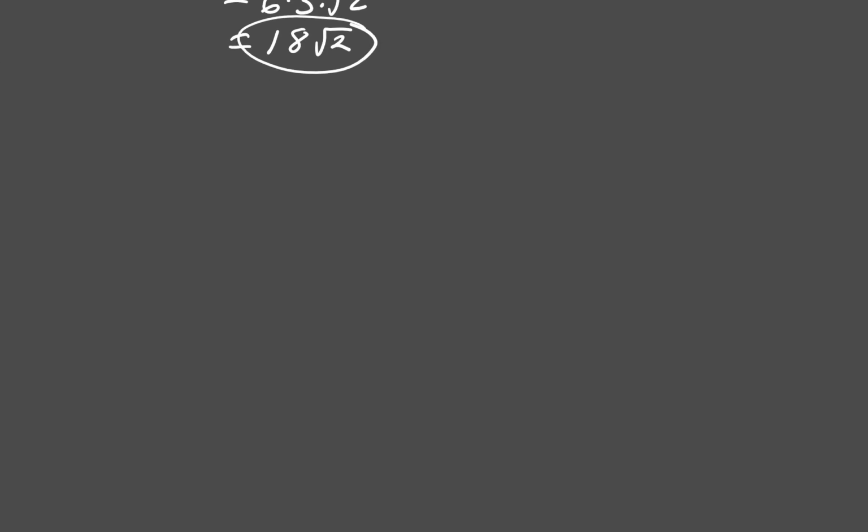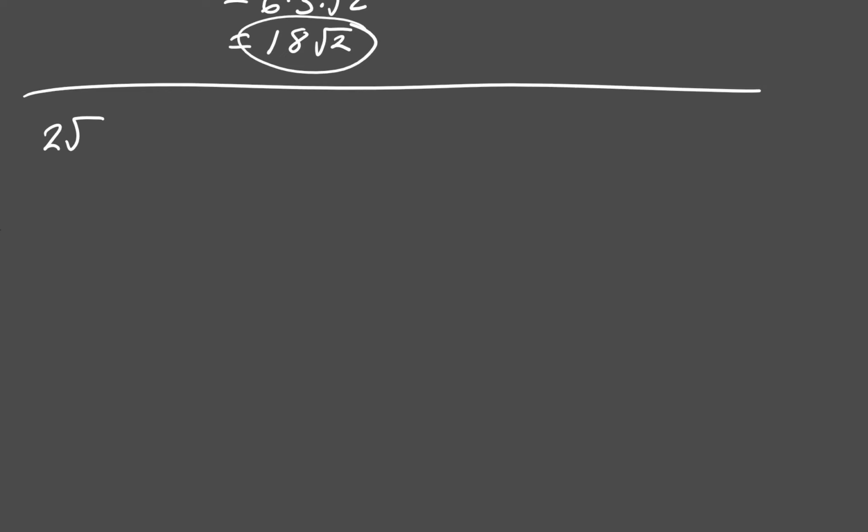So let's see another one where I've got the distribution property involved. Let's take, say, 2 square roots of 2 times the quantity 4 square roots of 6 minus 3 square roots of 10. Okay, and see if we can simplify this a little bit. So this distribution property still works.